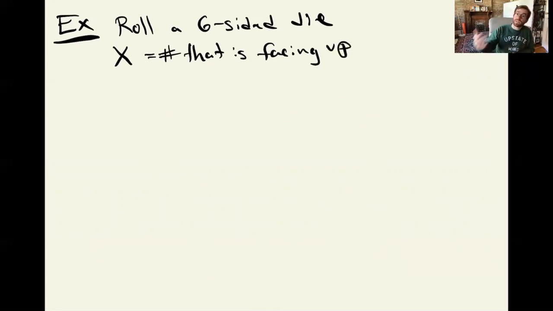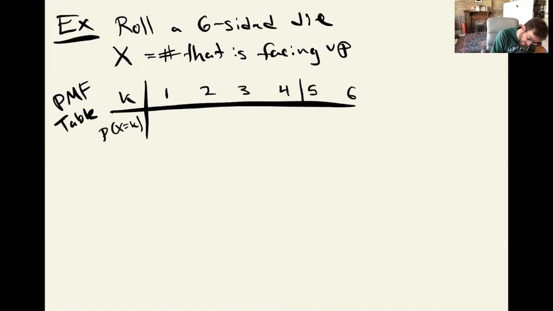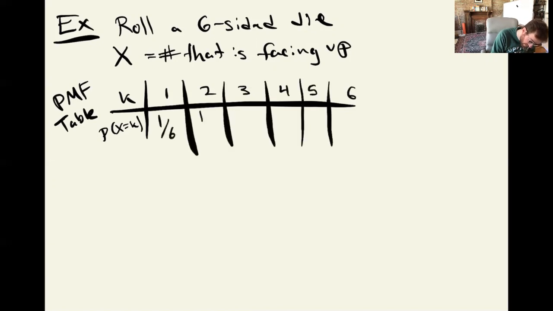Of course, there are 6 possible outcomes, corresponding to my PMF table, and here I have the probability that X equals k. We know that, assuming this is a fair, unweighted die, each of the outcomes 1, 2, 3, 4, 5, and 6 is equally likely, and each has a probability of 1/6 of occurring.